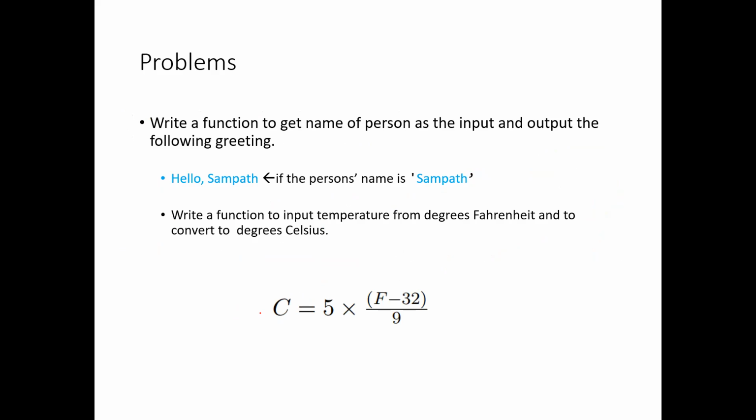Let's say you put person name Sampath, and then you should say, okay, hello Sampath. The second, I want you to create a function to get temperature in Fahrenheit, and I want to convert into Celsius. Again, the equation is given here. So you get the input as degrees in Fahrenheit, and then you should convert into Celsius.